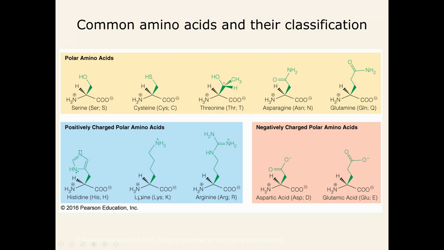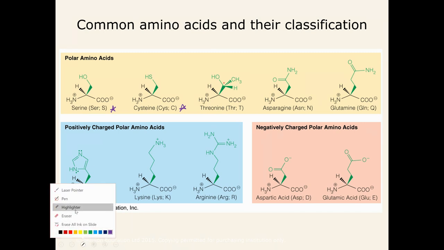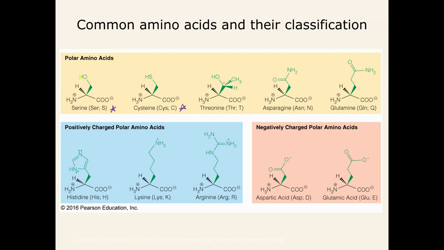Okay, our polar amino acids, important ones for you to memorize. For sure, memorize serine and cysteine. Our polar amino acids have polar groups. So if you recall from our previous discussion on polarity, OH hydrogen bonding, NH2 hydrogen bonding.